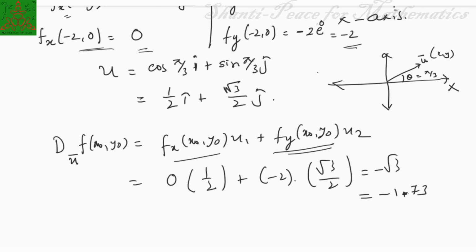What is the interpretation of this? If you are moving along the direction of u bar at this point (-2, 0), then your function decreases by 1.73.